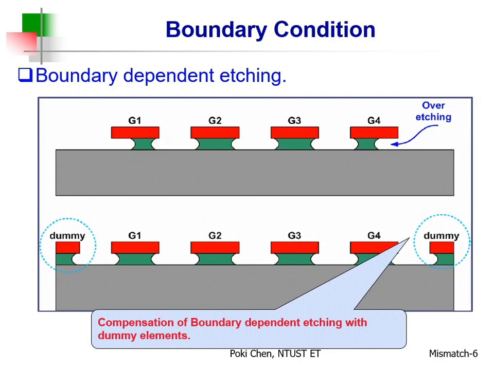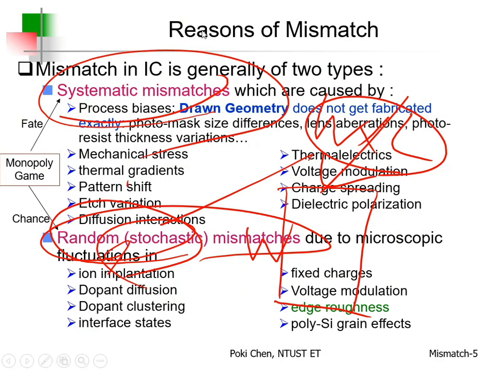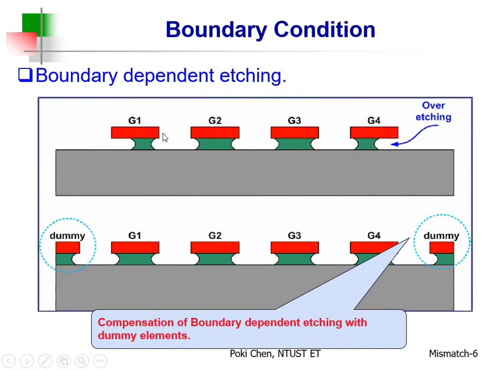The other very good example for systematic mismatch is this. For example, you have 4 gates to be fabricated at the same time, right?